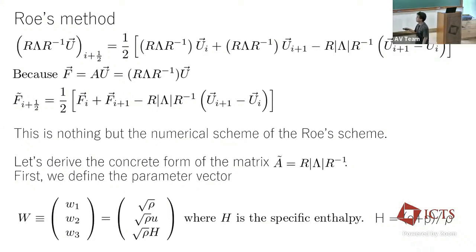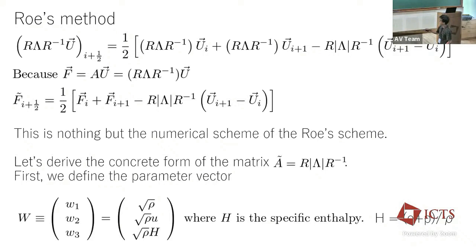And because of the homogeneous properties of the matrix A, F is given by A multiplied by U. A is diagonalized by lambda times the right eigenvector and the left eigenvector is something like this, which means that this quantity is equivalent to the flux F tilde. So this expression is rewritten in this form by using these properties.